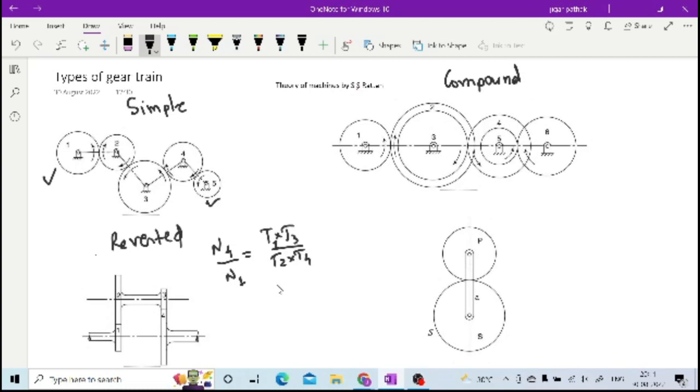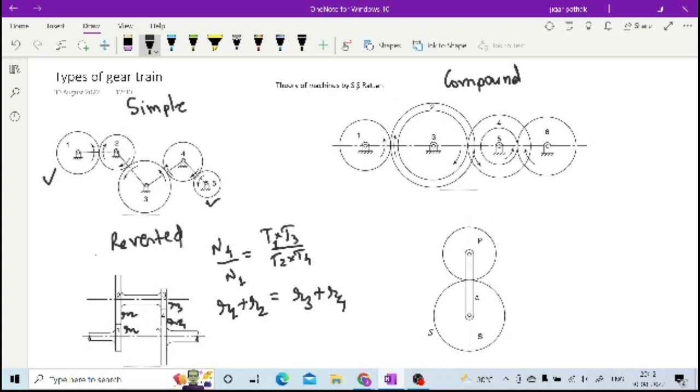But one more important thing in the case of the reverted gear train is that r1 plus r2 is equal to r3 plus r4. 1 and 2 are meeting here and 3 and 4 are meeting here. See here, you have r1, here r2, here r4 and this is r3.